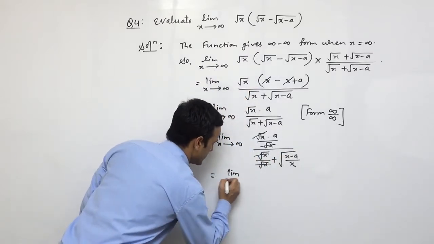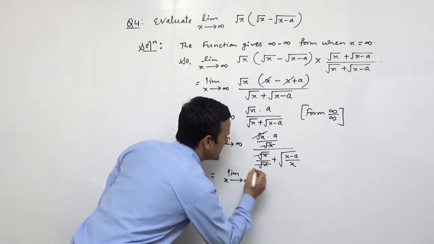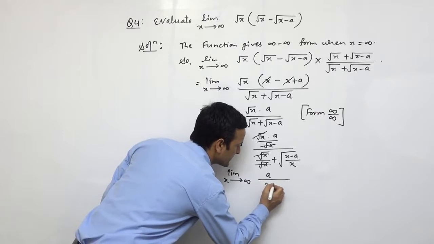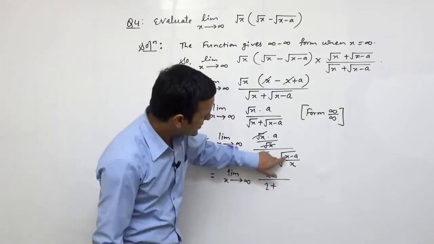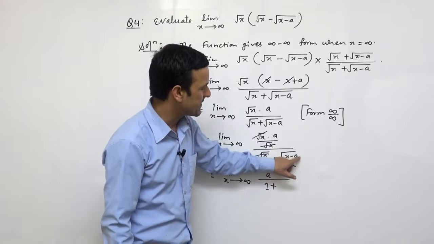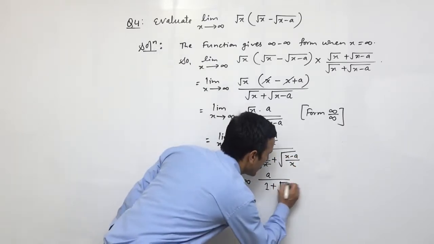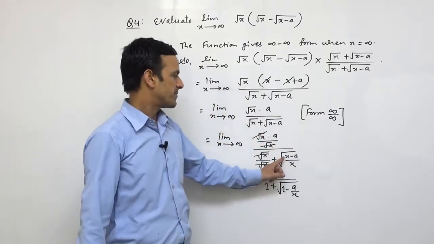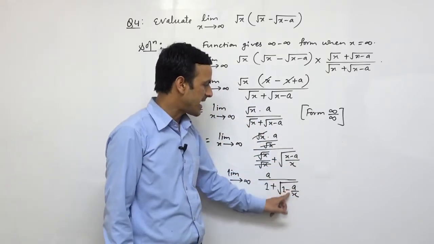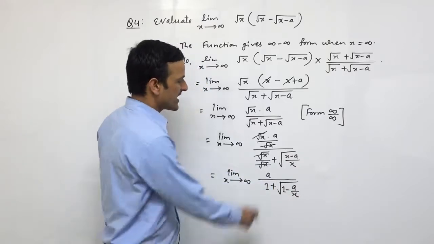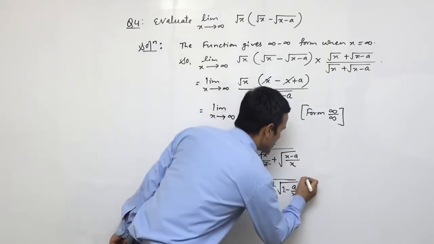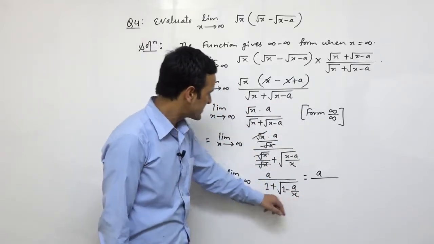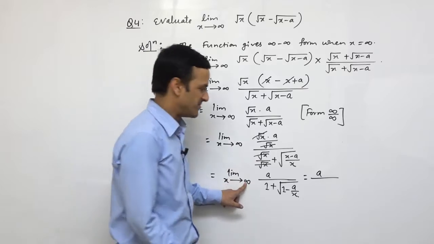It will be x tends to infinity, a upon this is 1, and if you separate it, x by x minus a by x, then it will be 1 minus a by x. X and x will be cancelled. So now we can put the value of x, which is replaced by infinity.